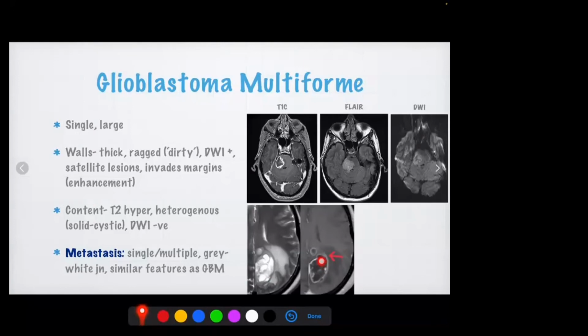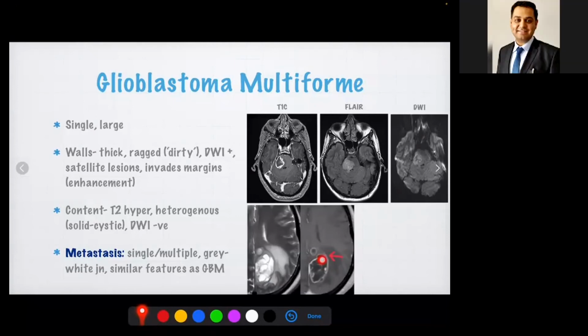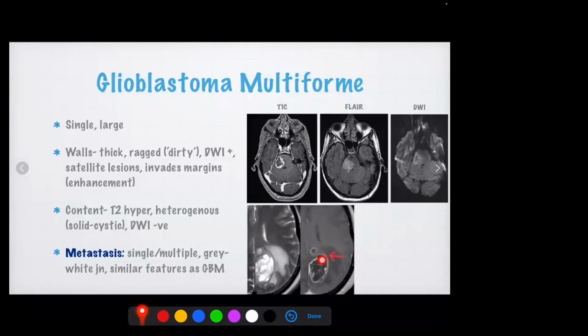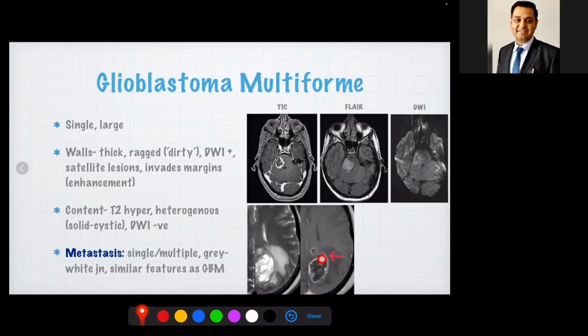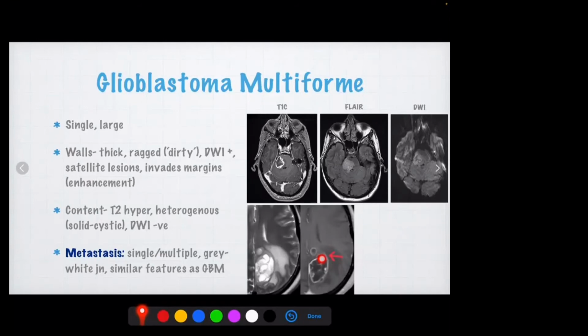Here, the contrast enhancement goes beyond the capsule, because it means that it is invading even the surrounding parenchyma beyond the wall, as this wall is not so respected in a case of glioblastoma. So this is a specific finding. And the same would be diffusion restricting as well. So this is a reasonably specific finding.